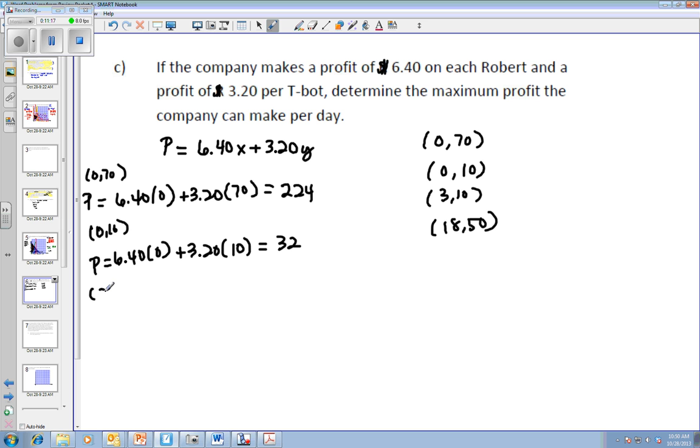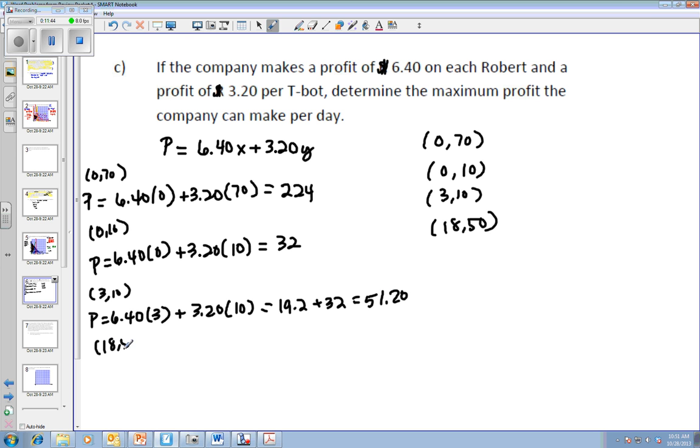Now let's do the point (3, 10). P equals 640 times 3 plus 320 times 10. So 640 times 3, that's going to be 1920 plus 32. And that's going to give me $51.20. So let's do our last one, (18, 50).